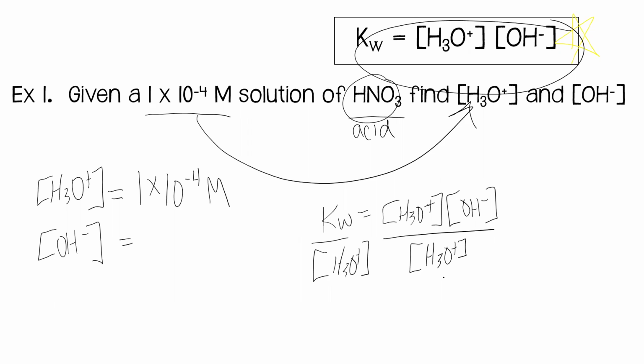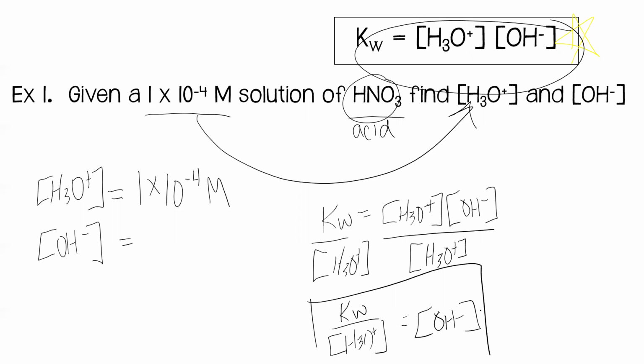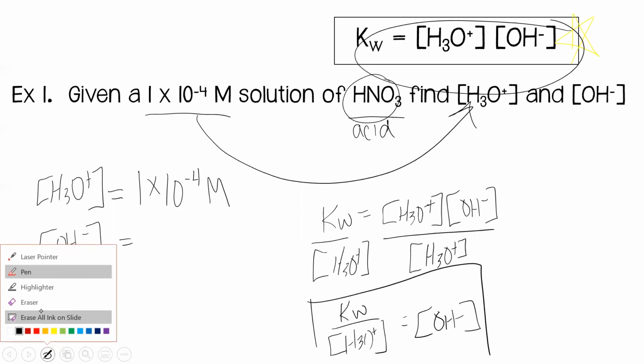Let me go back. Kw divided by the hydronium ion concentration is equivalent to the hydroxide ion concentration. So this is the equation we need to use. Okay, so let me erase this, clean it up for you, and then we'll continue.